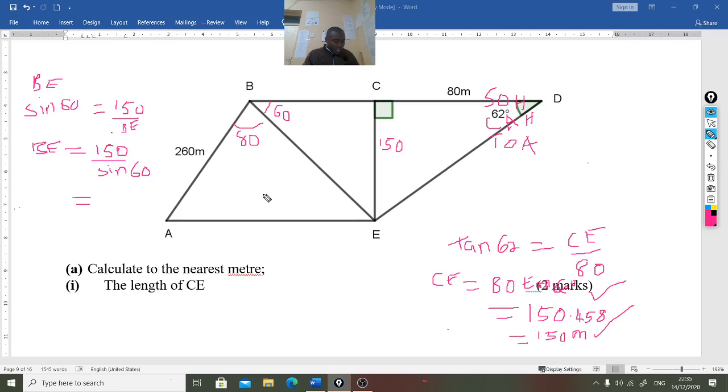When you use your calculator, you'll find it to be 173.20. 173.20 to the nearest meter is 173.